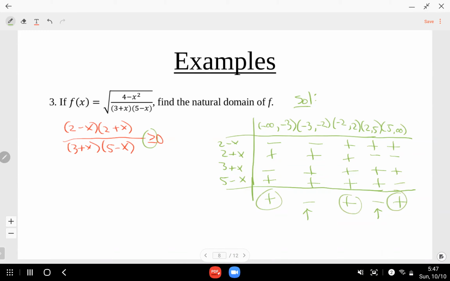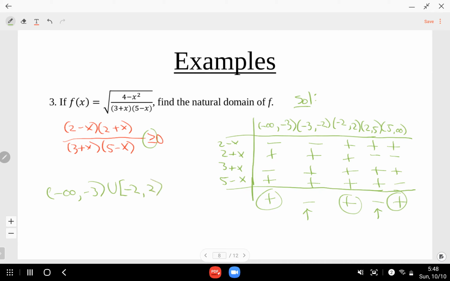So our answer, you got really close. You literally did it correctly until the last step. You chose incorrectly. So make sure you check your answer. So our solution would be -infinity to -3, union -2 to 2. And see here, why is -3 not included? Because it's in the denominator, right?